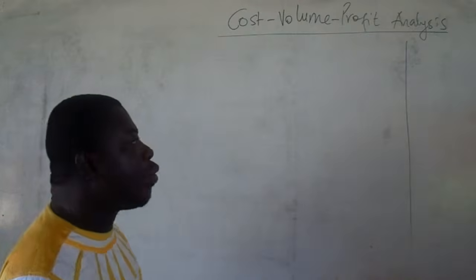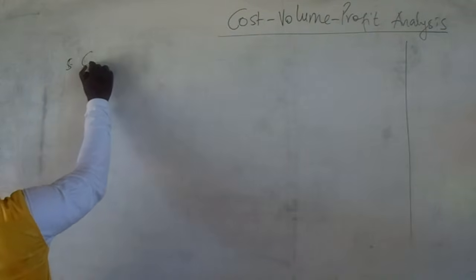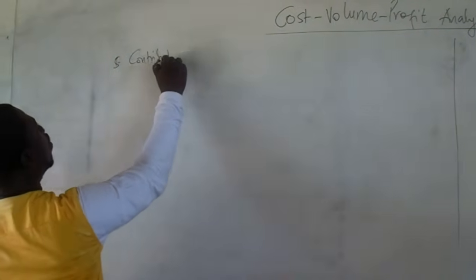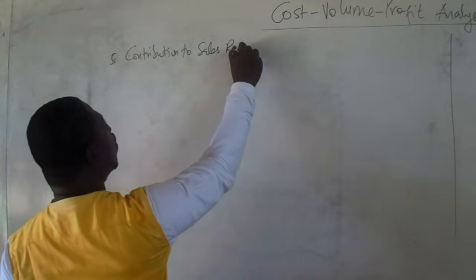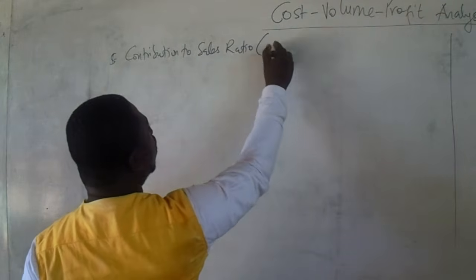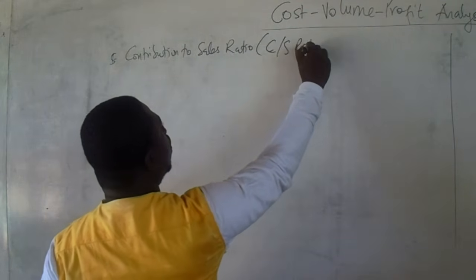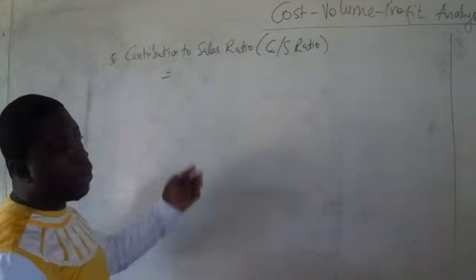The next formula that we are going to look at is called the contribution to sales ratio, which we sometimes call CS ratio. Now, the CS ratio is very simple.